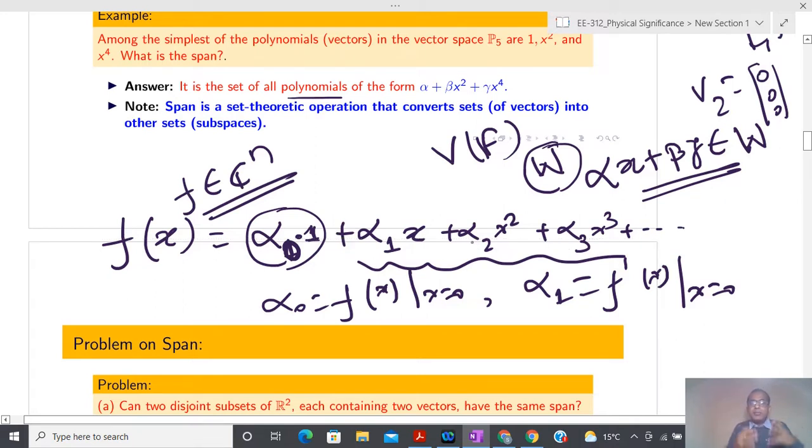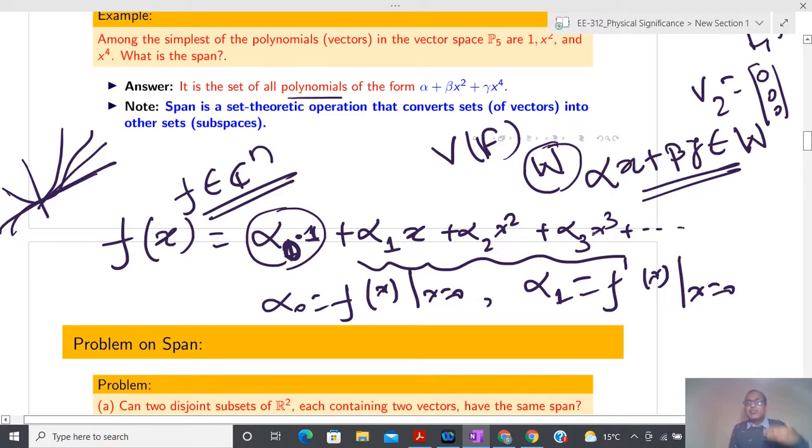So this is the idea. Whenever I have some kind of function, I can represent that function in the form of simpler functions. Try to understand it like this: I can represent it using a constant function, using a line, using a parabola, or a linear combination of all possible ones.